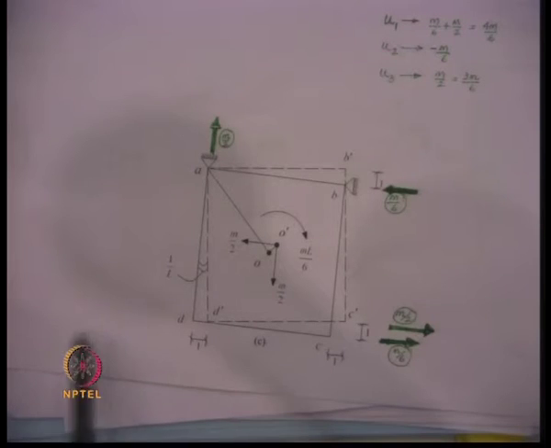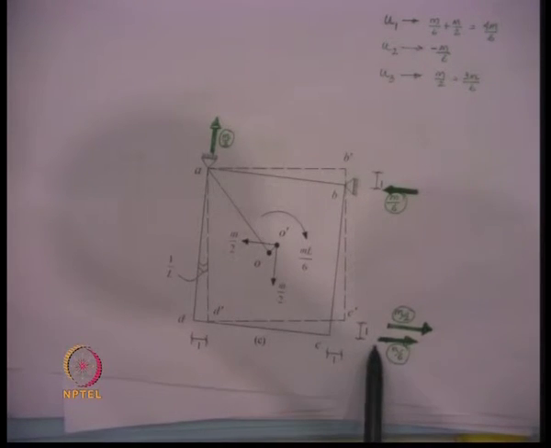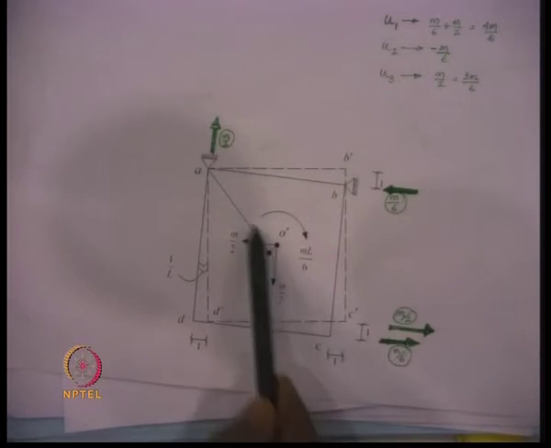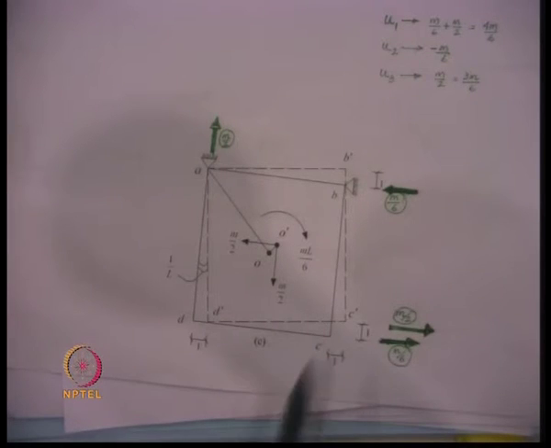Now, since the entire system has to be in moment equilibrium, a force is generated here and here. These forces are m by 6 and m by 6 multiplied by L, that gives ml by 6, a moment which is opposing this ml by 6. So, the reaction over here is m by 6, the force generated here is m by 6.